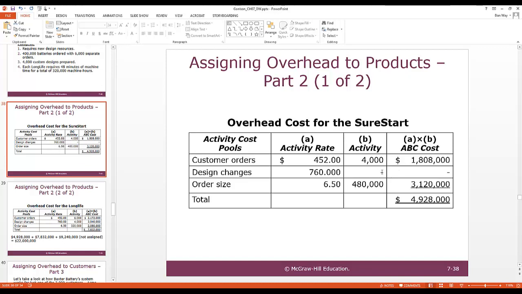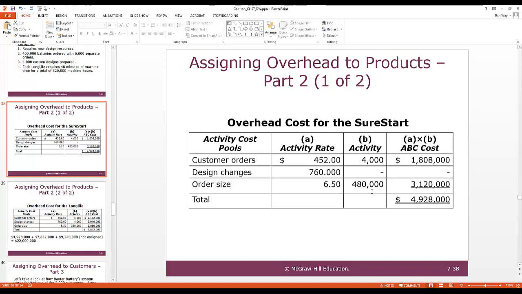Again, design changes, we didn't need any for the Sure Start after all, so we're not assigning any cost there. And then order size, we said the rate there was $6.50. So the Sure Start incurred or used 480,000 machine hours. So times that $6.50 per hour rate means total cost assigned of $3,120,000.